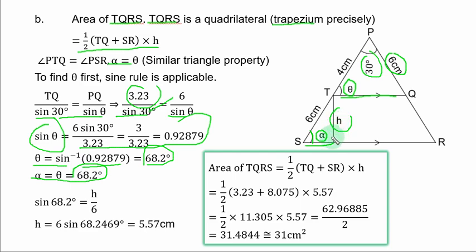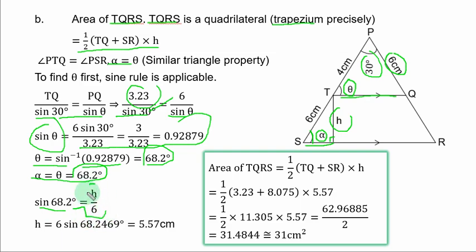So we are back here. This is a right angle triangle, so height is opposite, this is hypotenuse. We must talk about sine. So you have sine alpha, that is sine 68.2 degrees equal to opposite h over hypotenuse 6.